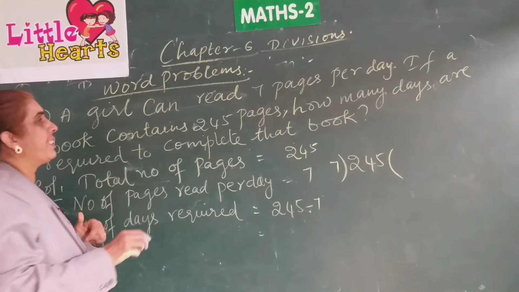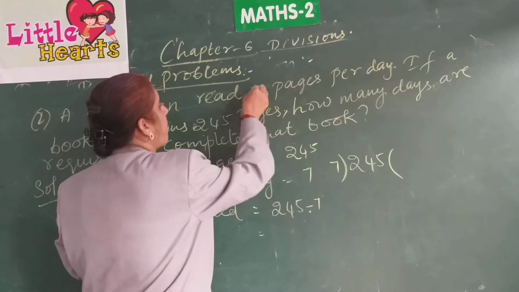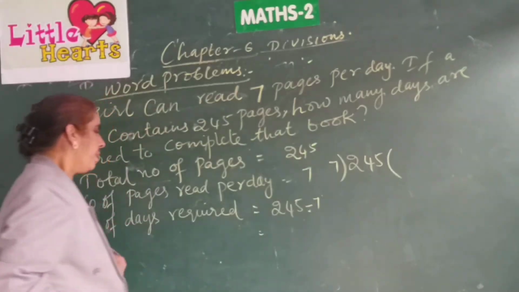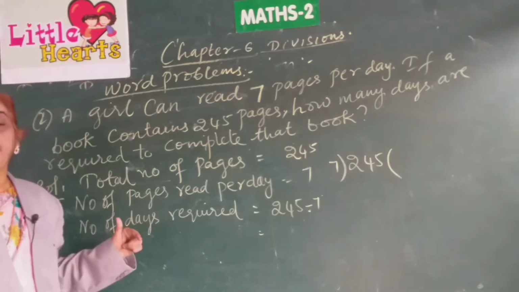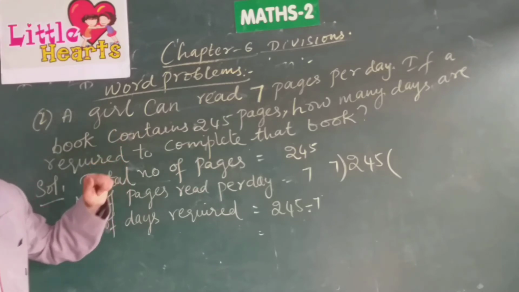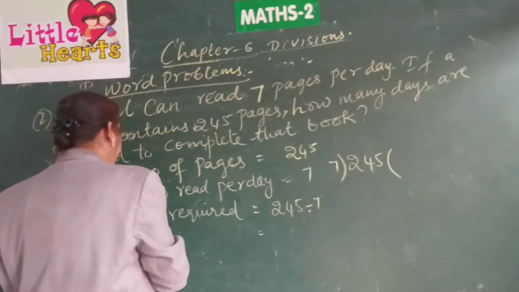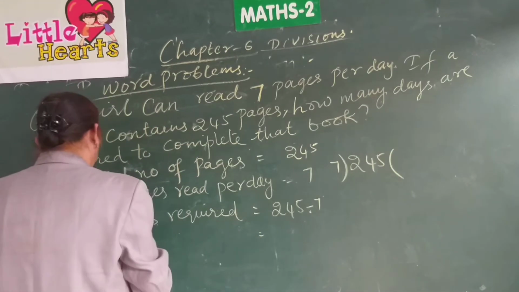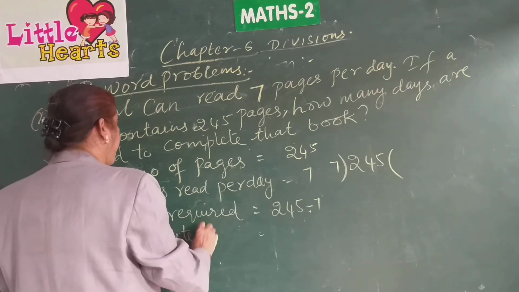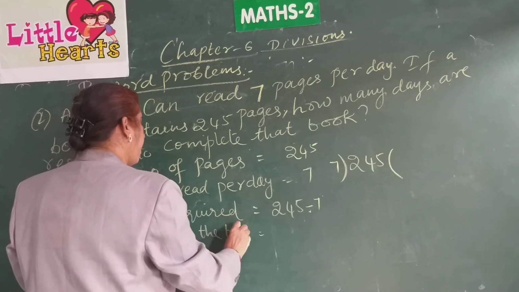How many pages can she read per day? 7. And number of days required: how many days she requires to complete the whole book? So, number of days required to complete the book is 245 divided by 7.